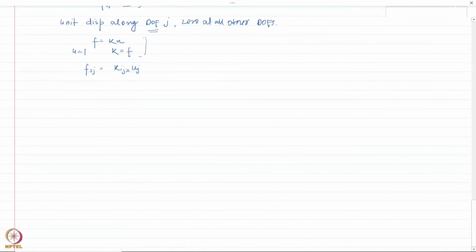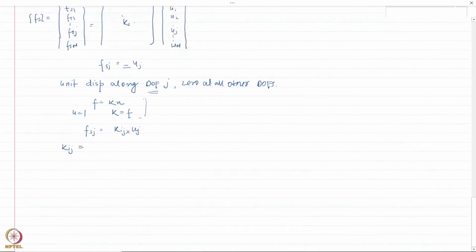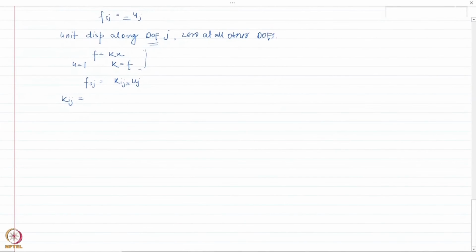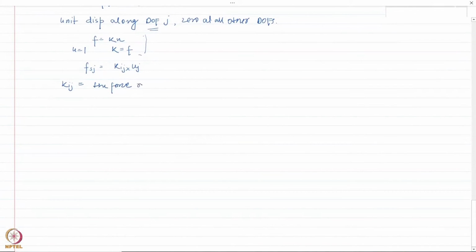Okay, so the stiffness coefficient Kij of this stiffness matrix is basically the force required along DOF i due to unit displacement at DOF j.